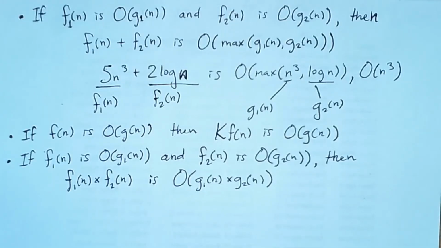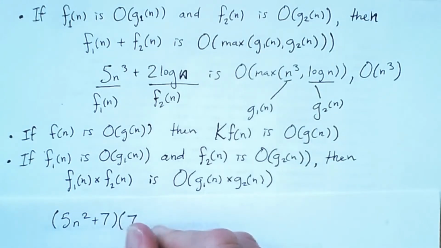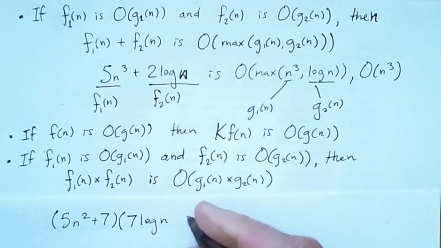Here's another useful fact. If f sub 1 is O of g sub 1 and f sub 2 is O of g sub 2, then that means that the product, so if you multiply f sub 1 of n times f sub 2 of n, then the big O of that is the product of the two g functions, g sub 1 of n and g sub 2 of n. So an example of this would be if I had something like (5n squared plus 7) times 7 log n.